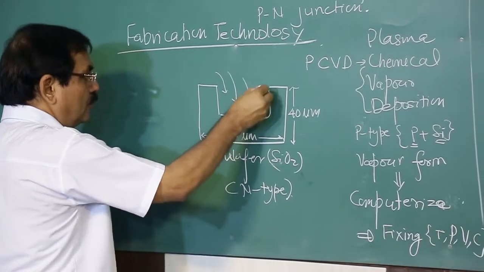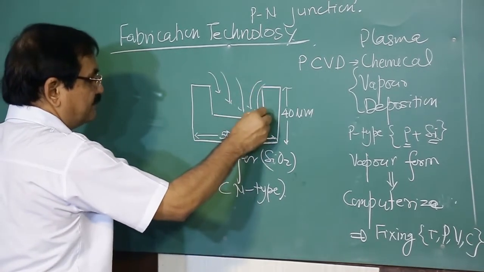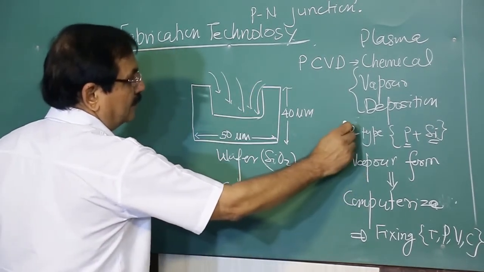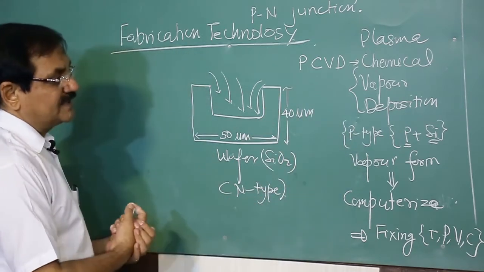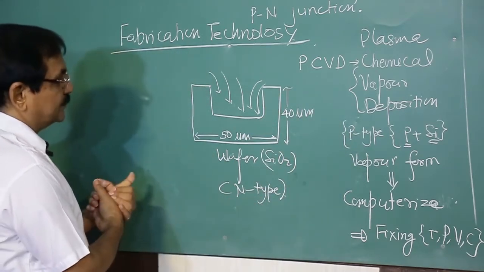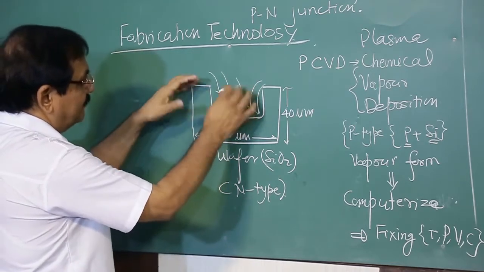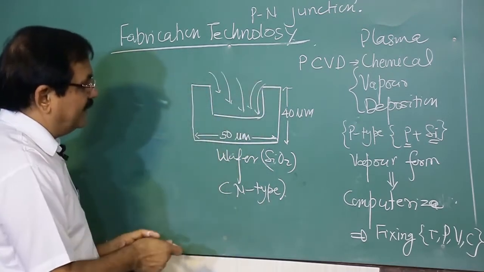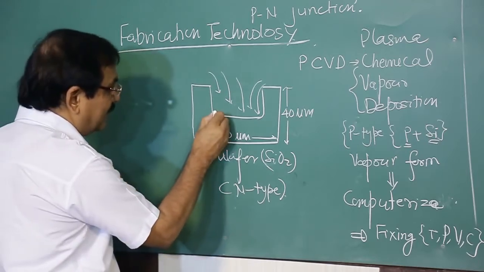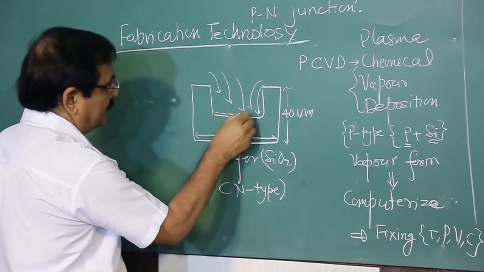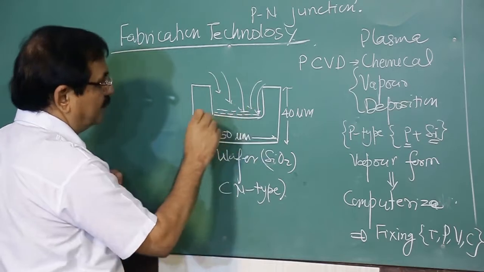There is a deposition of the vapor form of silica and phosphorus. When this vapor comes, it starts depositing here.